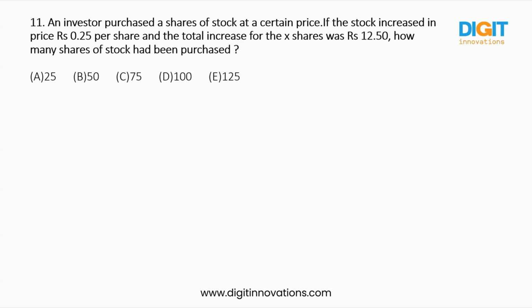So we got to know for a single share the price increased by 0.25. So some X shares got increased, and for the total X shares, the total increase is 12.50. How many shares were purchased? They are asking.